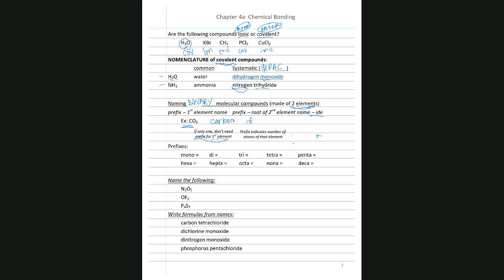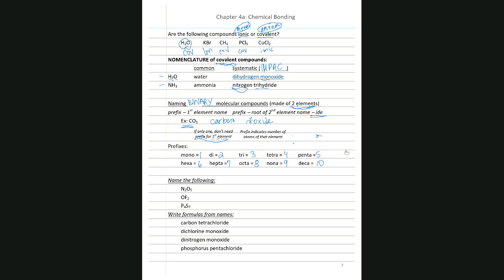And instead of dioxygen, we say dioxide, so we end the name with the suffix "ide." The different prefixes are mono, which is 1, di 2, tri 3, tetra 4, penta 5, hexa 6, hepta 7, octa 8, nona 9, and deca 10.